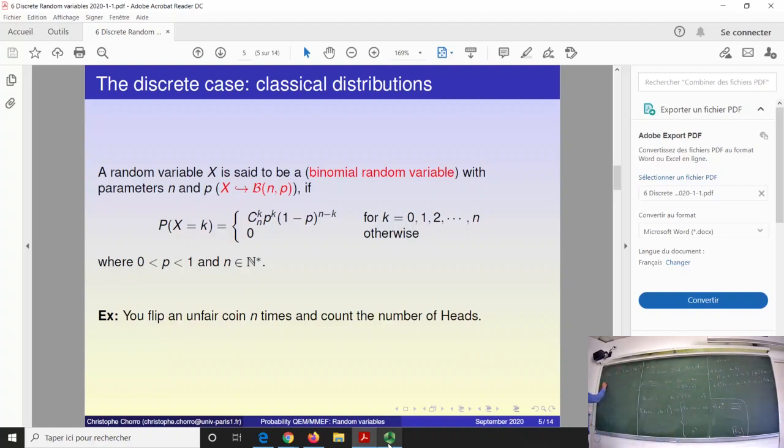Plus the probability that x1 plus ... plus xn minus 1, so if xn is equal to 1, it means that this term is equal to 1, and so the sum of the n first is equal to k minus 1, given xn equal to 1, times the probability that xn is equal to 1.